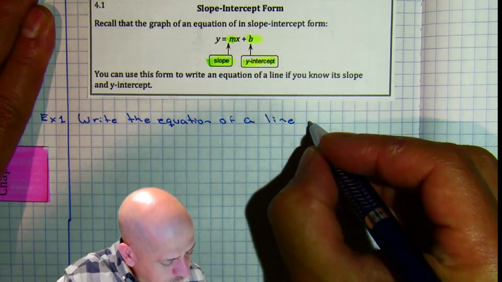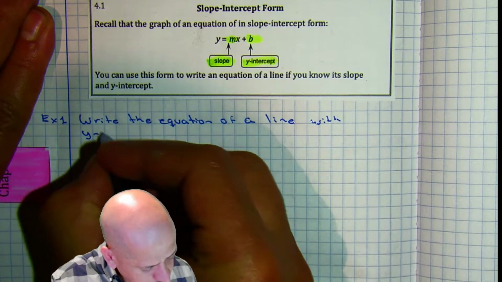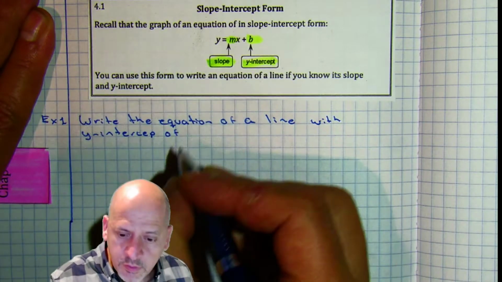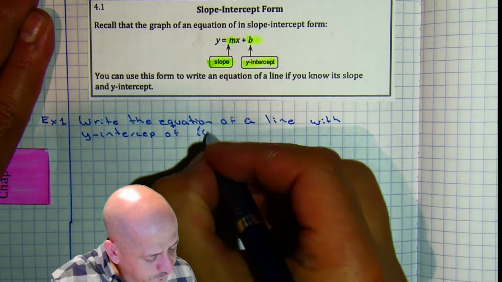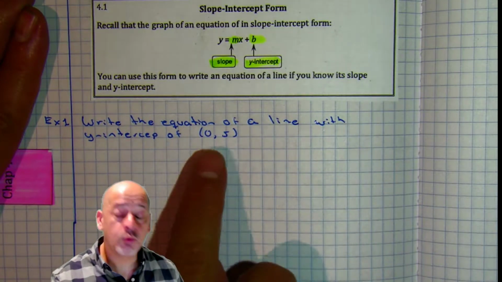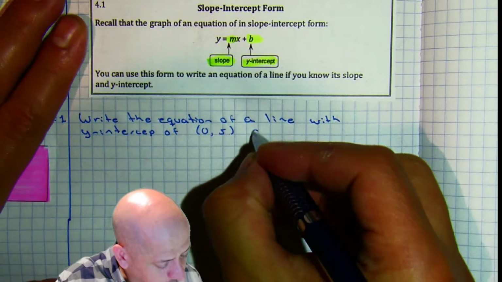Now sometimes they'll say y-intercept of 5, but we know that y-intercept is a point, correct? And a slope of -3.